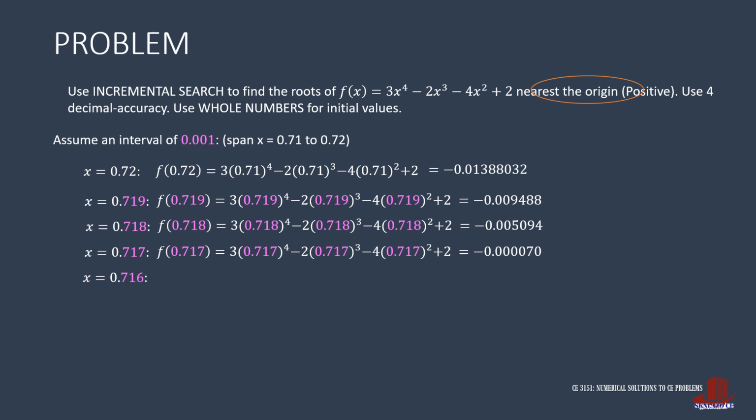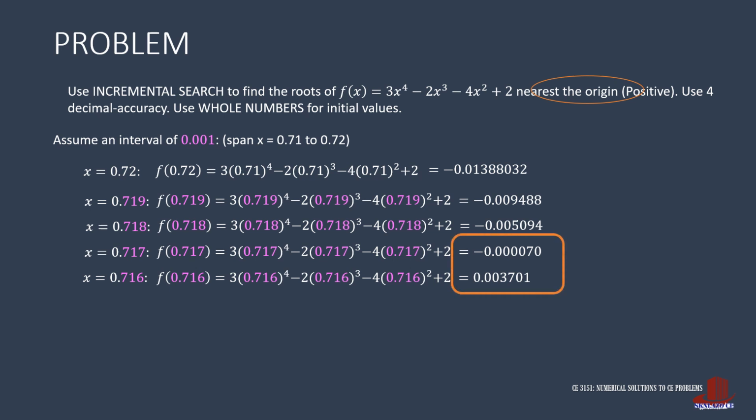So work on the next increment of 0.716. The function then is 3 times 0.716 raised to 4, minus 2 times 0.716 cubed, minus 4 of 0.716 squared plus 2, which is then positive 0.003701.